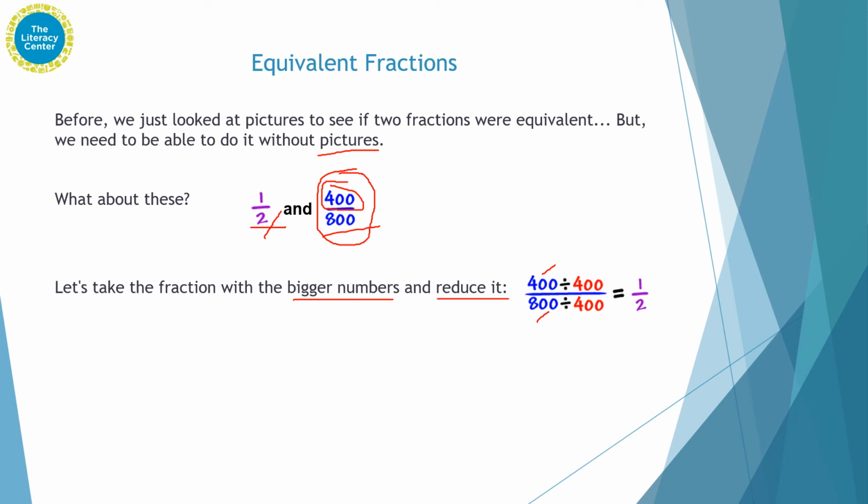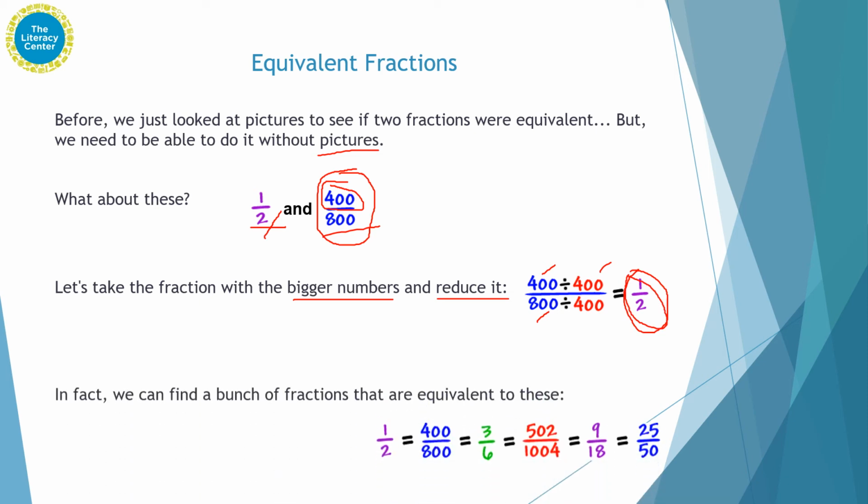So here you can see 400 divided by 400, 800 divided by 400 again. If you solve this, you will get 1 by 2. So even if you have a bigger number, you can reduce it to the smallest expression.